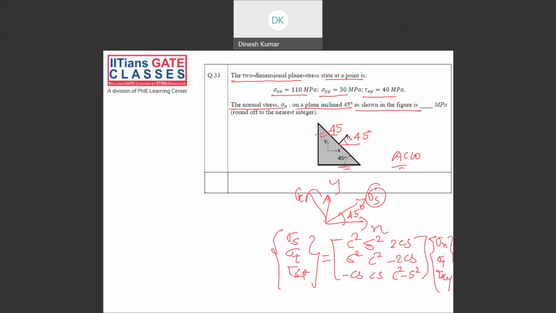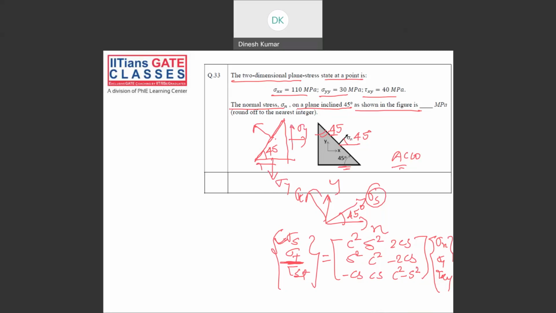Now many people made the mistake of using sigma t. Sigma t was not asked. What was asked? Sigma s. So what is sigma t? That is nothing but the normal to this plane, where you can see again this angle is 45 degree. This will be your sigma x, this will be your sigma y, and then the corresponding shears.